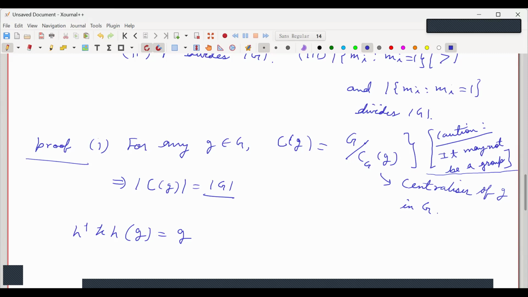So the centralizer of G is never a normal subgroup except when G is trivial. But we can still talk about the number of left and right cosets, and here it is just the number of left cosets. You got the point? Yes, sir.